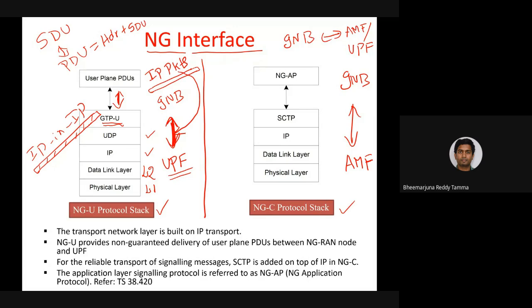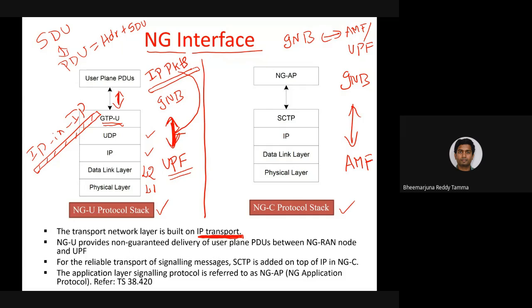The NG interface is built using IP as the transport protocol, in other words, using the IP that is popular in the internet. And the NG-U provides non-guaranteed delivery of the user plane PDUs between the NG-RAN node and the UPF.